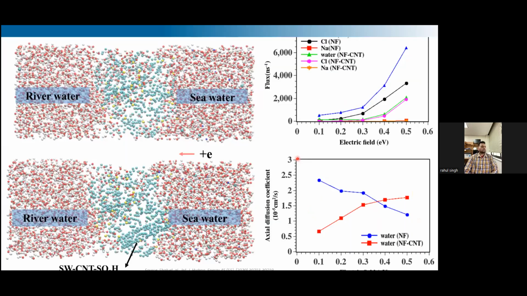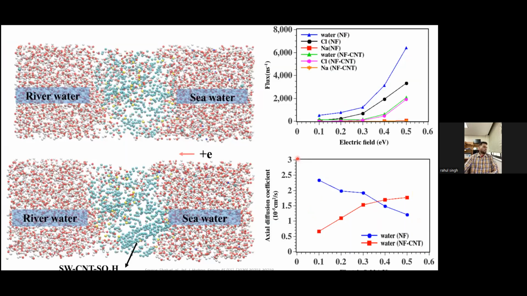In the next slide, you can see a salinity gradient system. Here is the river water and seawater. Seawater has a high concentration of salt and river water has a low concentration, so ions should move from high concentration to low. This is the single wall carbon nanotube setup, and the yellow portion is a functional group of cations, which makes ions move through them.